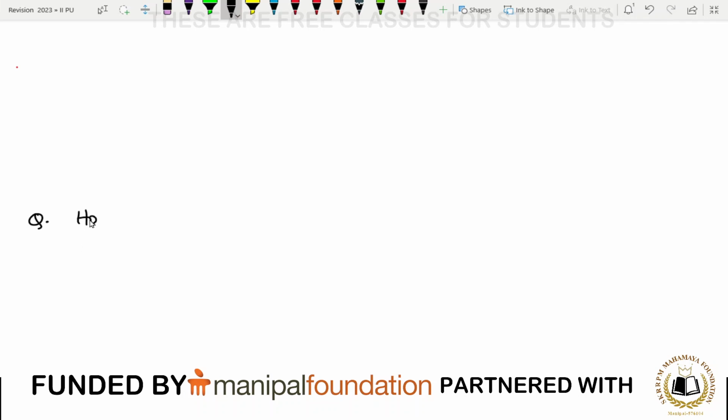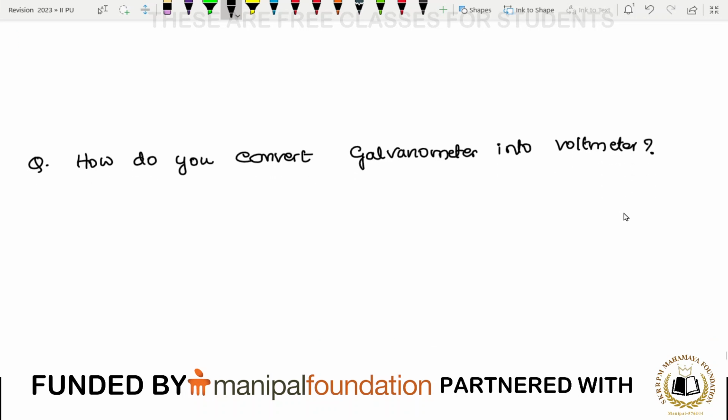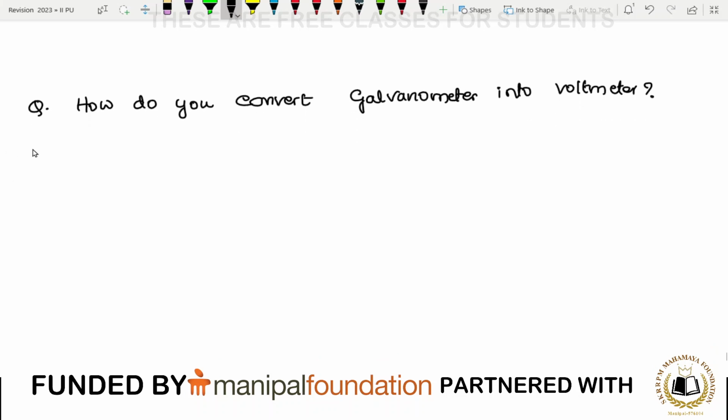How do you convert a galvanometer into a voltmeter? Okay, so let's solve this one now. So how to convert a galvanometer to a voltmeter?